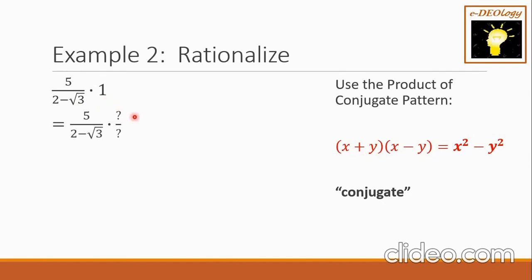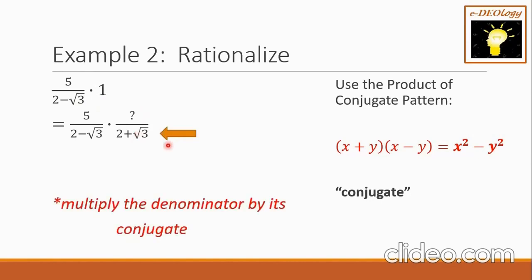And then we're going to think of our numerator and denominator here. For the denominator, we're going to multiply this value by its conjugate. We simply copy that same first term 2, we copy that second term, the square root of 3, but the minus here, we're going to put the opposite sign, plus.